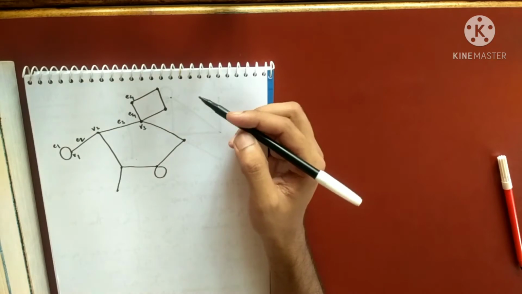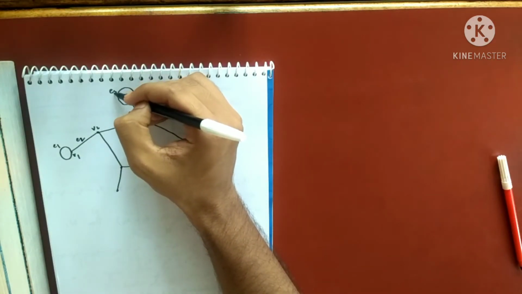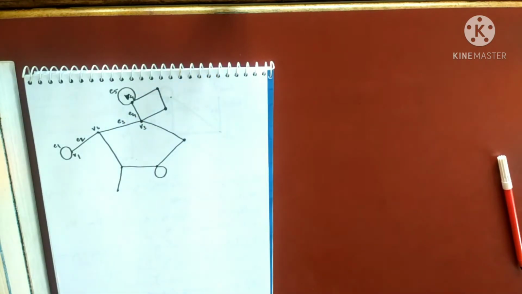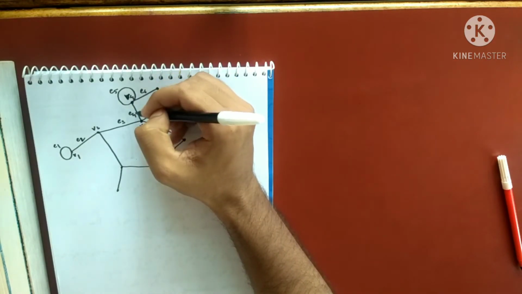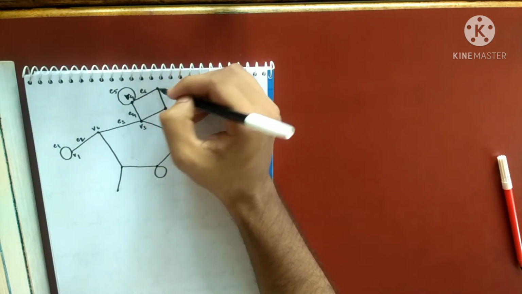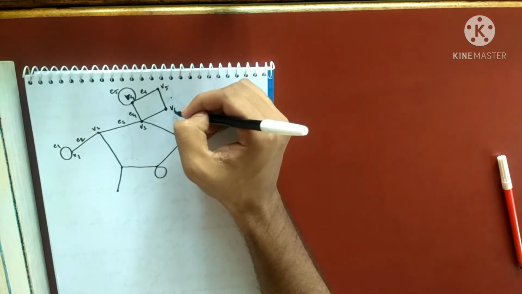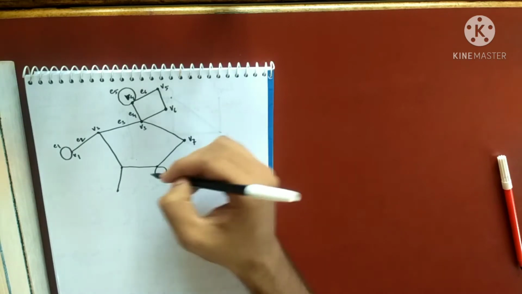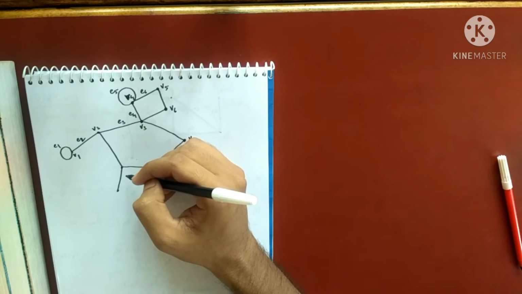There is also a loop here, so this is E5, this is V4, okay, V4, E5, E6. So V3, E4, E5, V4, V5, this is V6, this is V7, V8, V7, V8, this is V9.